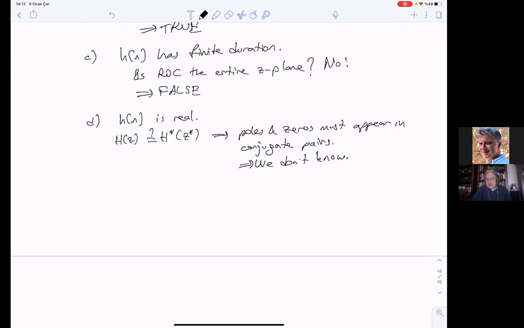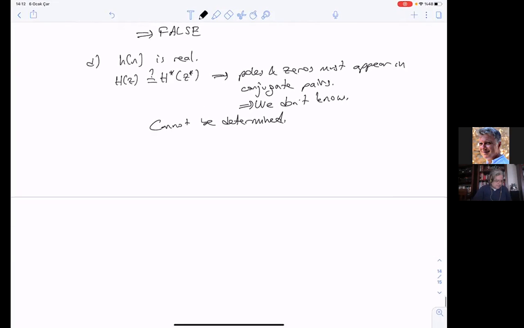There must be a third choice, like cannot be determined or cannot be verified. We don't know whether it's true or false. The information is insufficient for that.